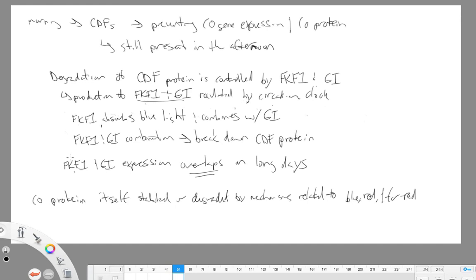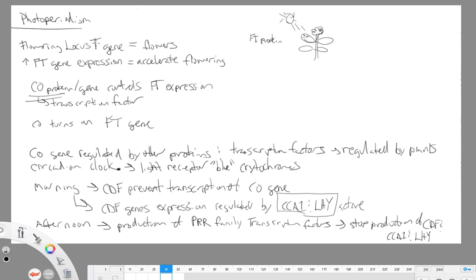So, to put it all together, we go back. In order for our plants to flower, our plants that respond to photoperiodism, particularly our long day plants, they need to express or produce this flowering FT protein from these FT genes. Now what's going to turn these FT genes on is a protein called CO protein.